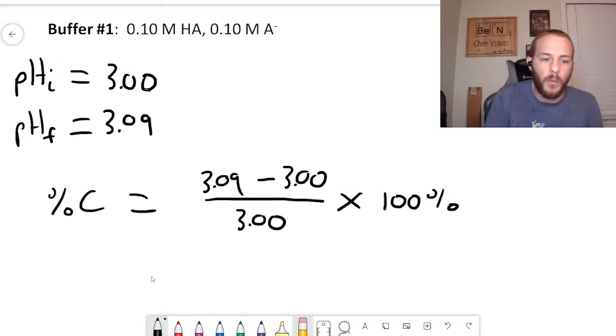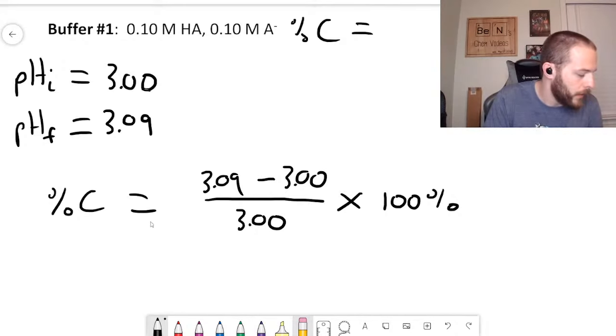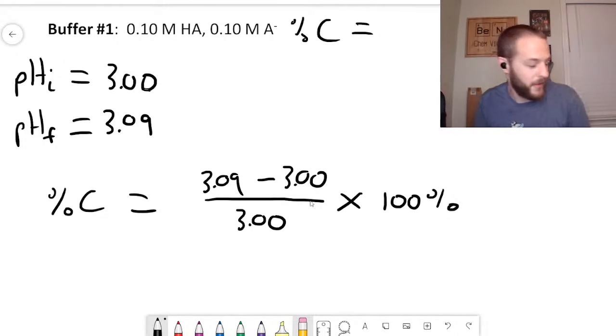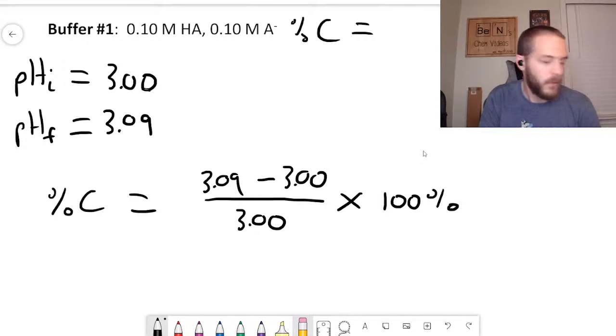And that is going to be, let's see, what did I get? By the way, again, if anybody wants to chime in with their answer to this, you are more than welcome to do that. I got 3.00%.